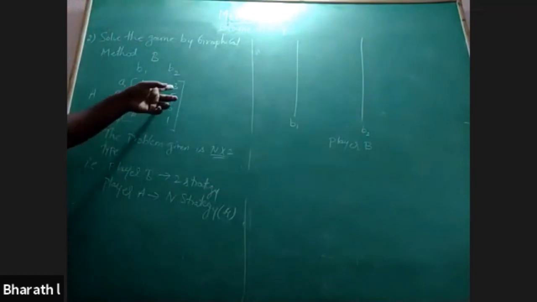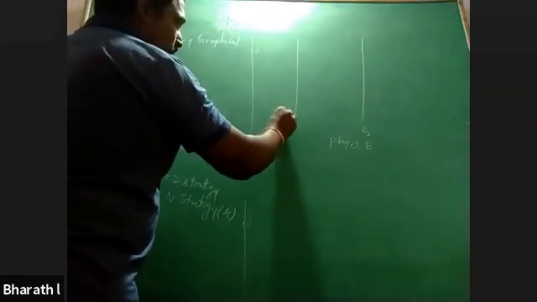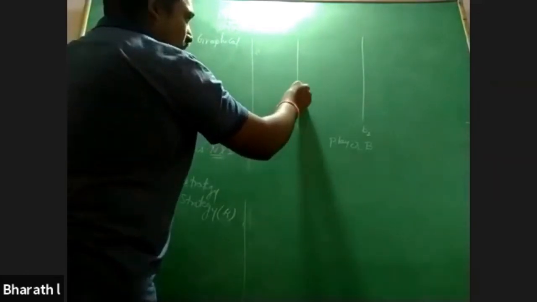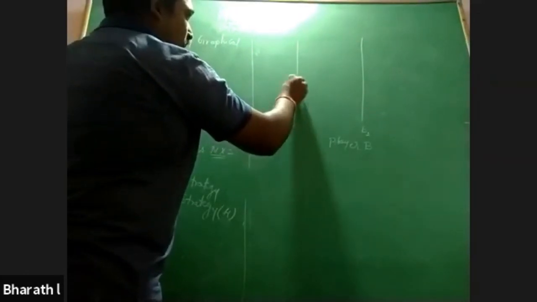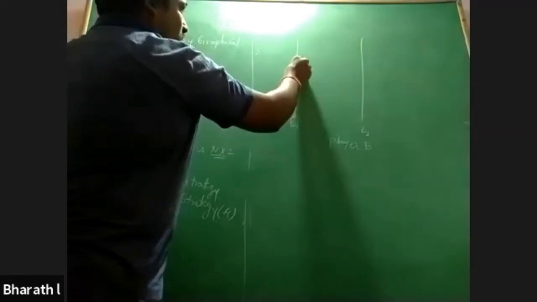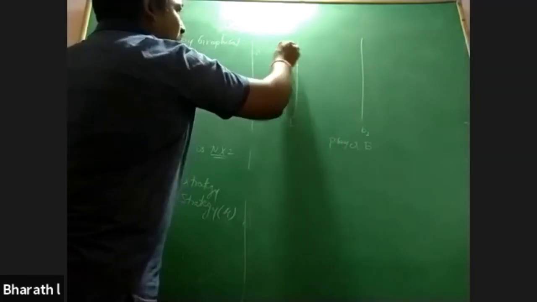And here in this table, if we check, the least value is minus 3 and the maximum value is 6. So I can start with minus 3, minus 2, minus 1, 0, 1, 2, 3, 4, 5, and 6.